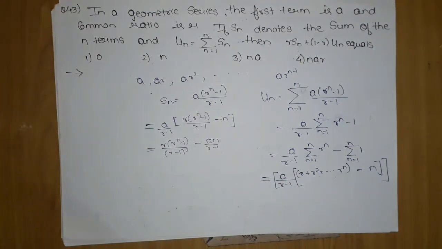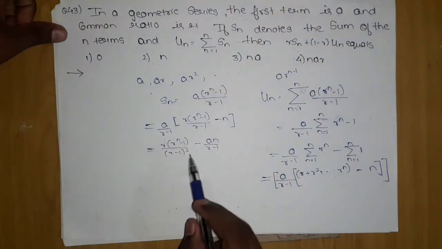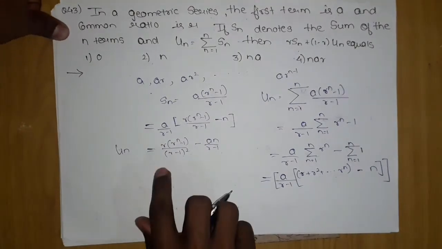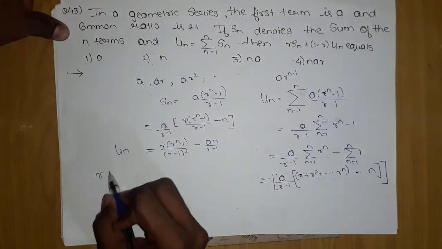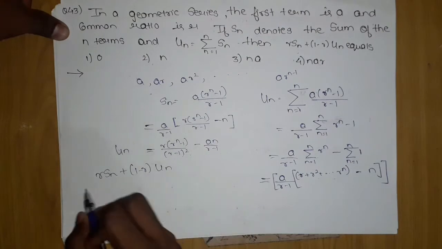So after this what we can do? We will substitute the value of this un here, because we want this value, which is r sn plus 1 minus r into un.